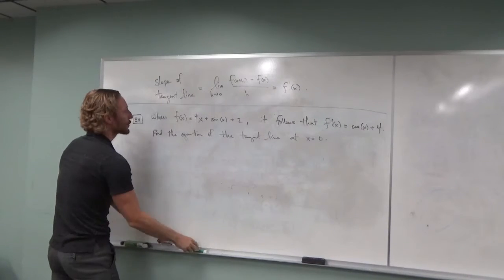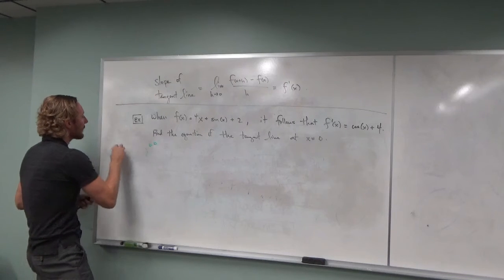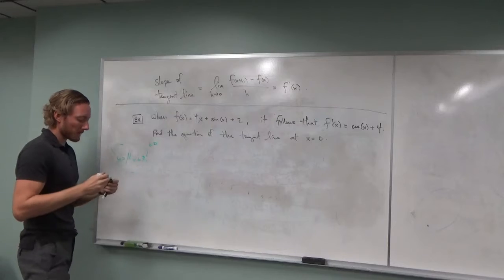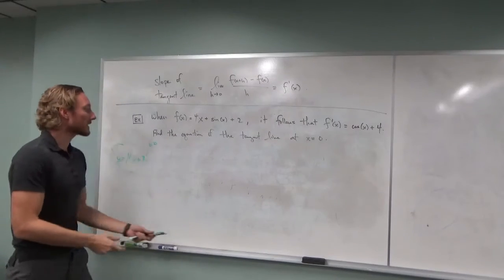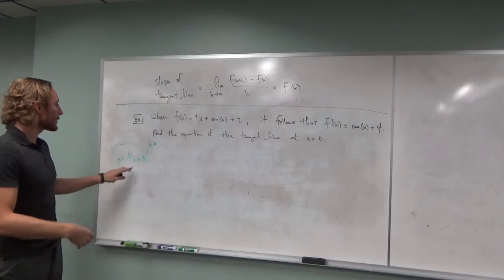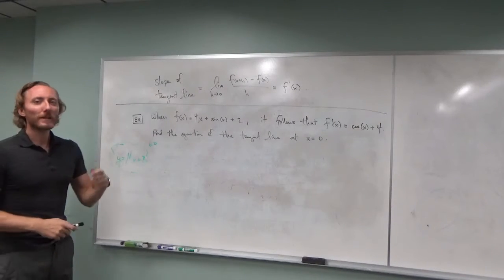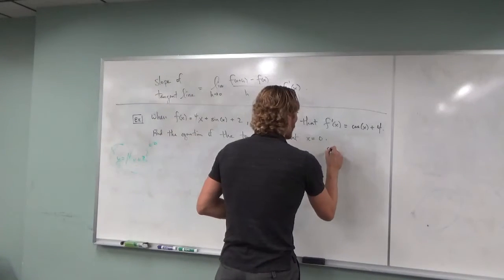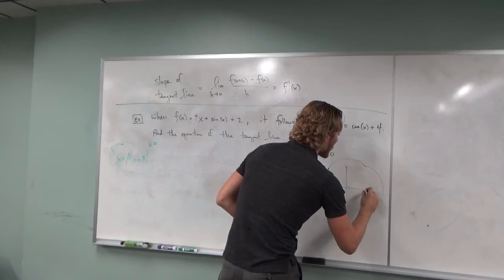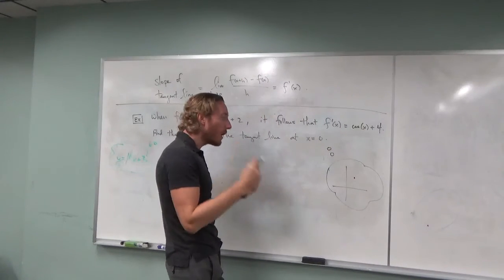So since we are trying to find the equation of our line, like any line, that's going to be of the form y equals mx plus b. So ultimately, to address the question of what is the equation of the tangent line, the final result is going to be something of the form y equals mx plus b. And now we talked last time about how one way that you can always determine a line precisely is that if you have a point and you have a slope, you know the line.